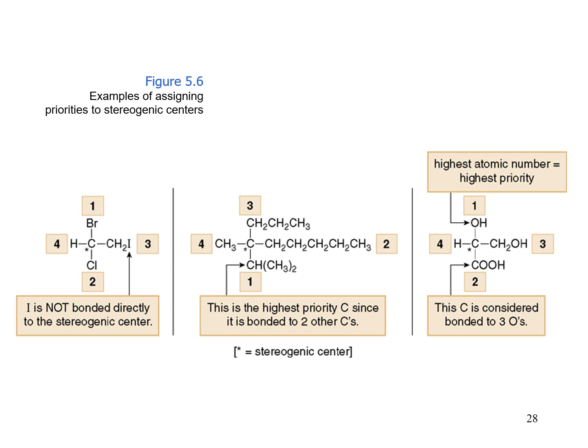Therefore 1, 2, 3, 4. But the iodine is not bonded directly to the stereogenic center, therefore it cannot be compared with bromine and chlorine. Therefore you have to exchange these two groups, and then rotate like this, which is directly R, or rectus.